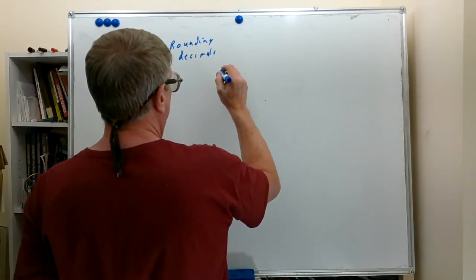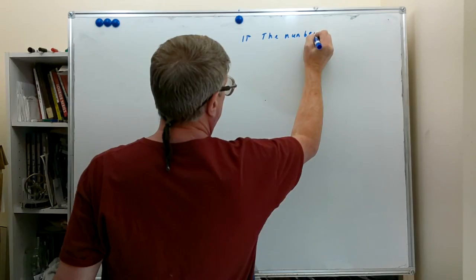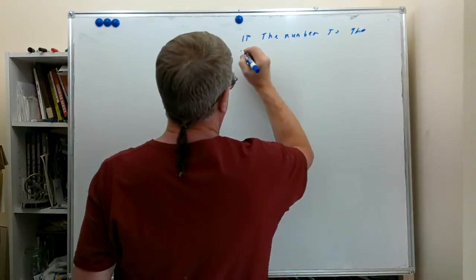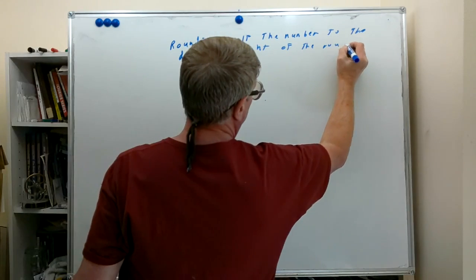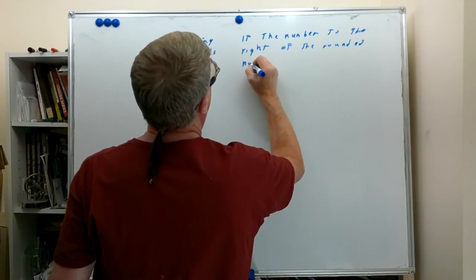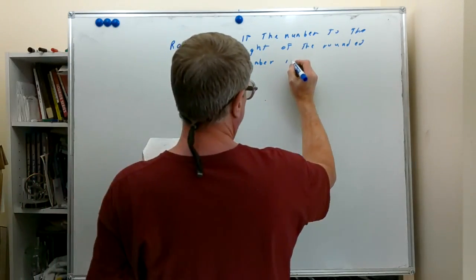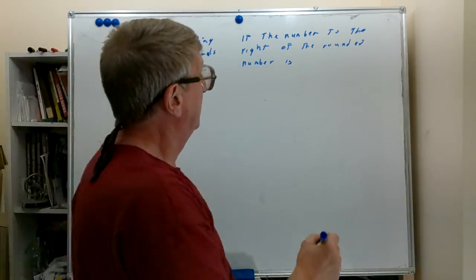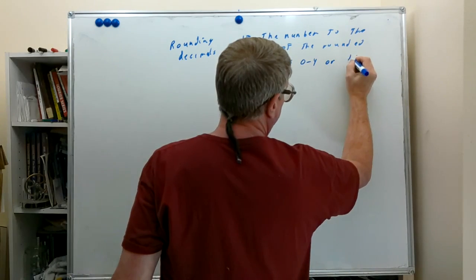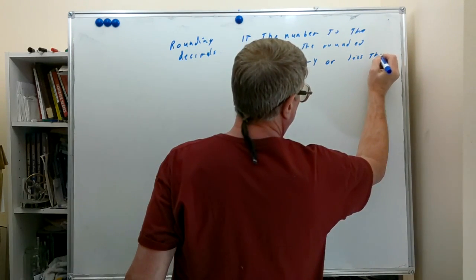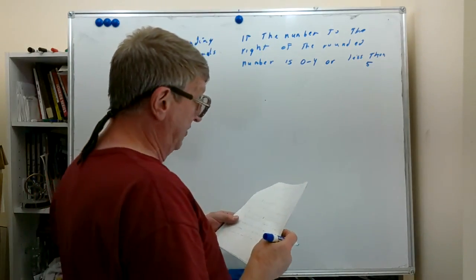So, if the number to the right of the rounded number is 0 through 4, or we could say less than 5, we do not change the last rounded digit.